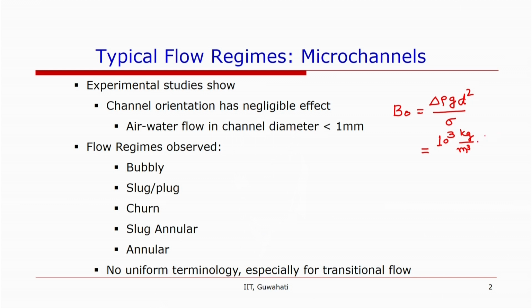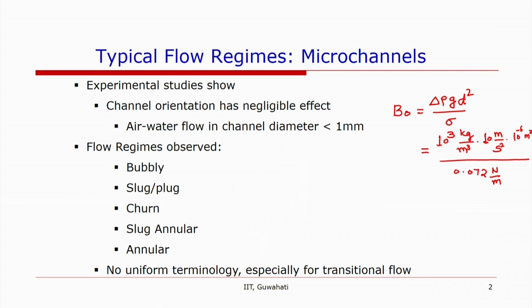Let us take g for convenience 10 meter per second squared, and d if we take 1 mm, that becomes 10 to the power minus 6 meter square, divided by sigma, which is 0.072 Newton per meter.